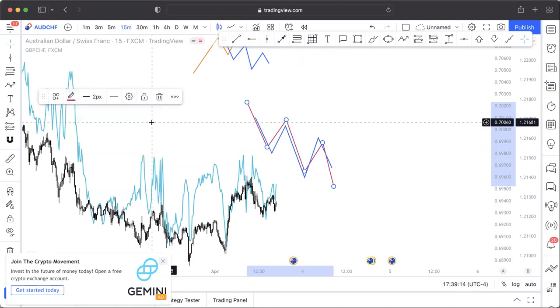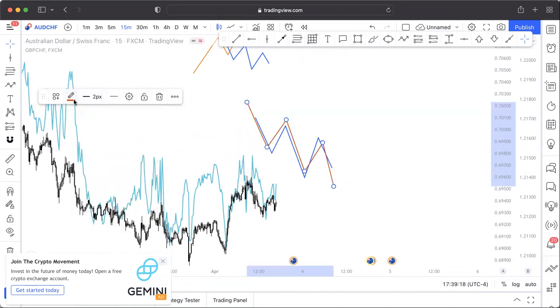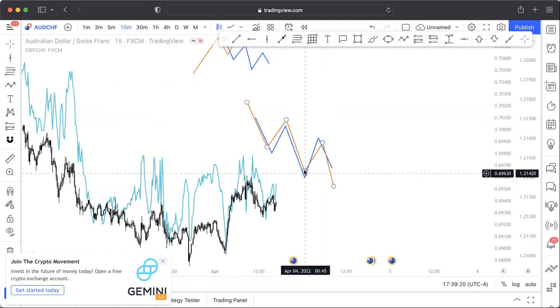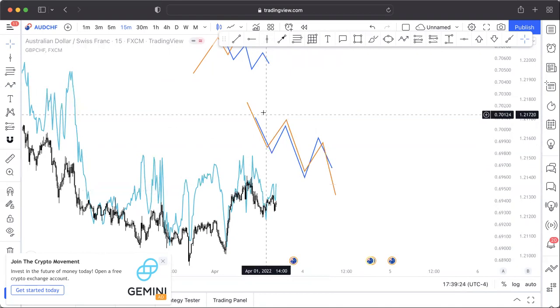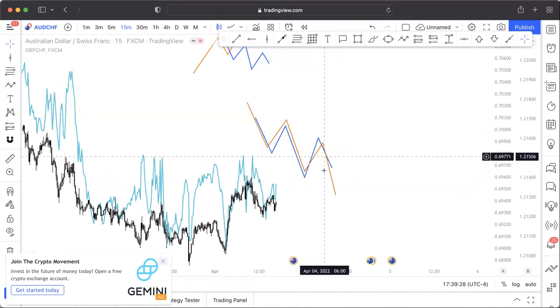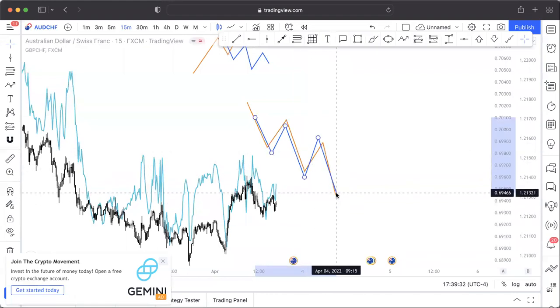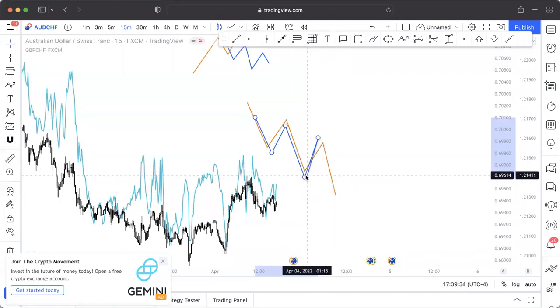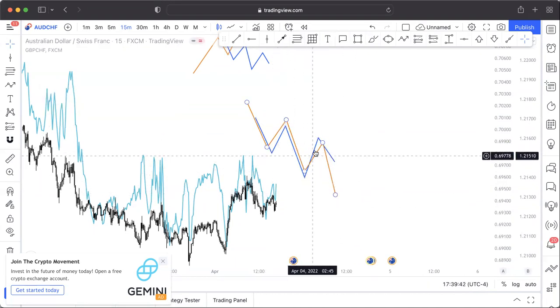Let's say both of them are at 8 o'clock or 9 o'clock, whatever you want to look at. And let's say one of the pairs is still creating lower highs, lower lows, so it would still be creating another lower low, but the other one does not create another lower low. They will naturally be doing the same thing, right? So it's not going there. It's rather stopping there. See that?